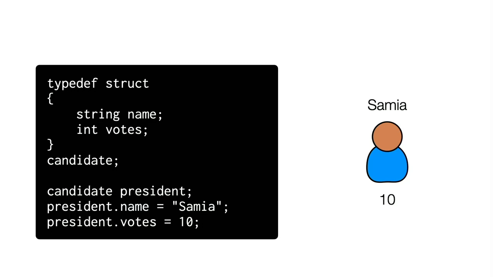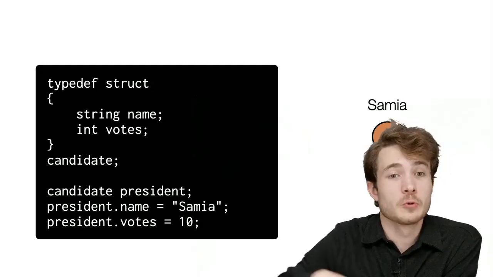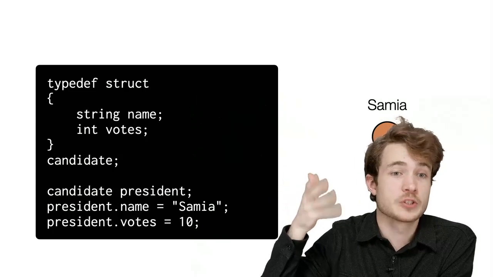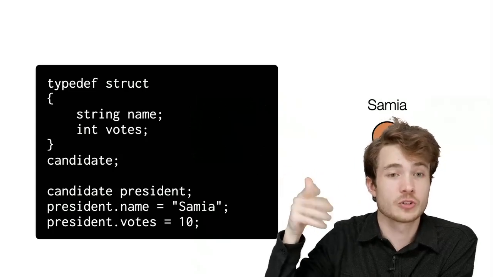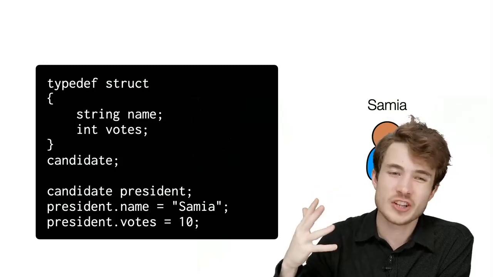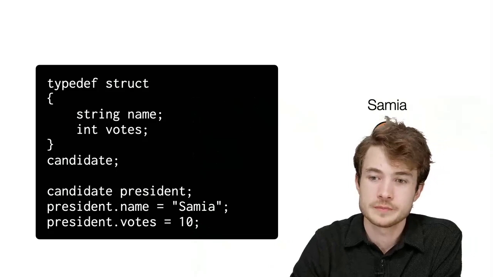I could change those throughout my program, but I really shouldn't be able to add new members to my struct as my program is running. So up top here, you'll see we defined a candidate as having a string called name and an integer called votes. I have to do that at the very start of my program. I can't change that really while my program is running. Good question.